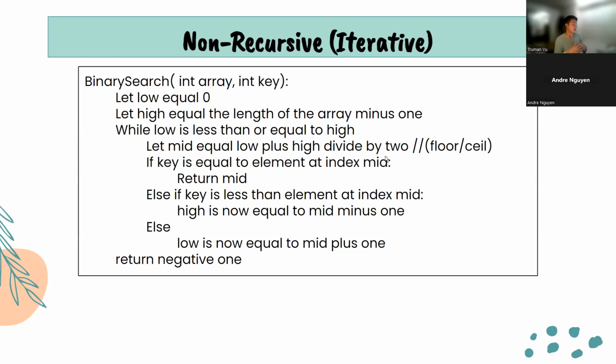And if that's the case, it breaks. You just have to make sure that it eventually does that. So if it breaks and it doesn't find your key in the array, then you return -1. So that's the iterative approach to a binary search.